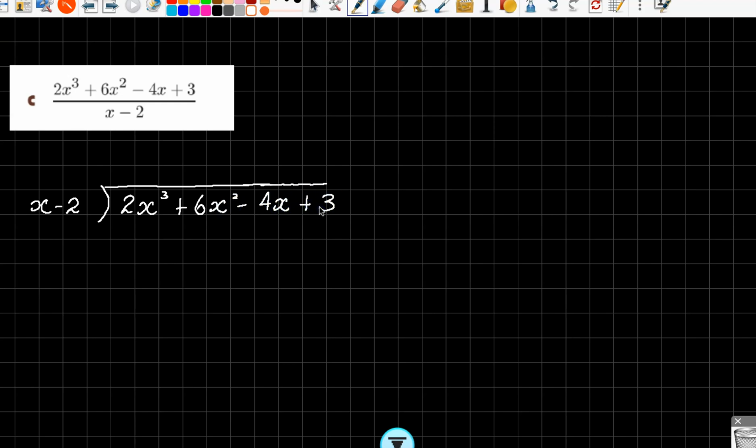All right, so where are we going to look first? We're going to look at our 2x cubed and we're going to ask ourselves, what do we have to times x by to make it 2x cubed? 2x squared, and we like to put that above, so we're going to go 2x squared.